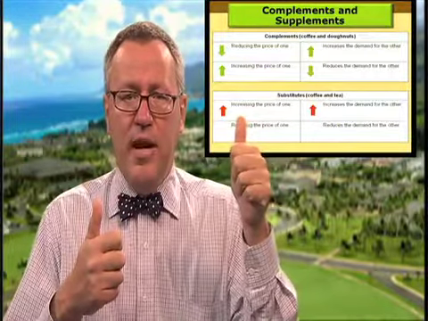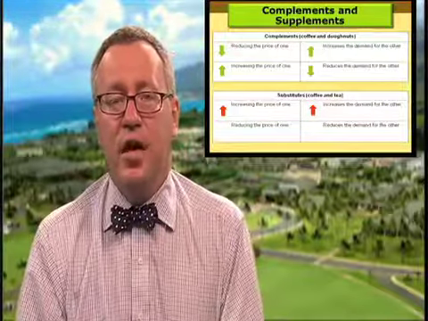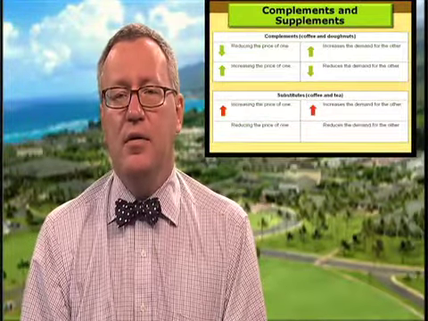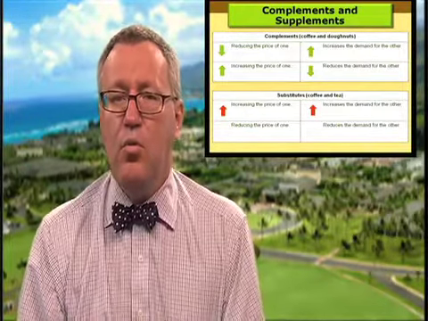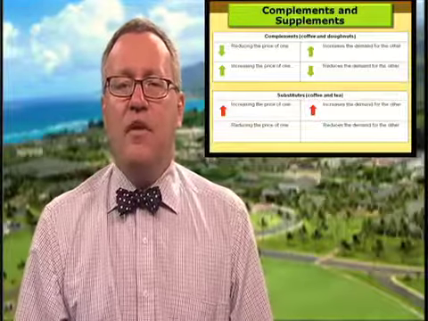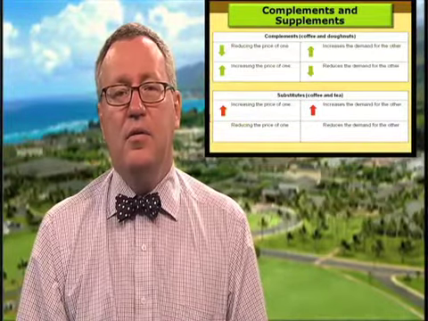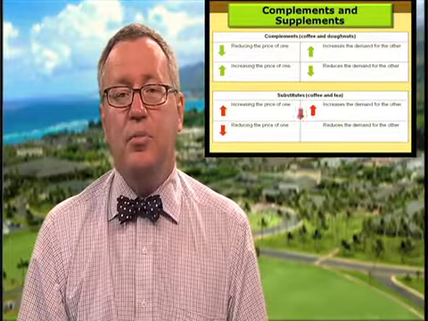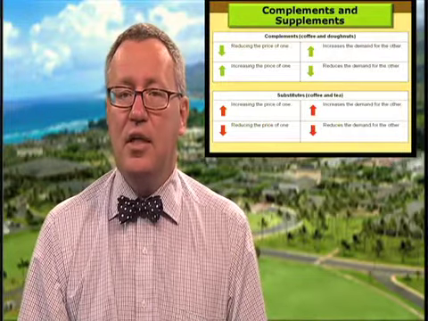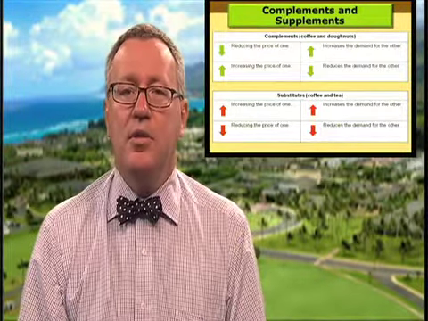I know that the law of demand says that if I increase the price of coffee, I'm going to decrease the demand for coffee. So what am I going to do? I'm going to increase the demand for tea, because remember, substitutes are one or the other. Alternatively, if I reduce the price of coffee, then coffee becomes more attractive relative to tea, and I'm going to reduce the demand for tea. That's how complements and substitutes work.